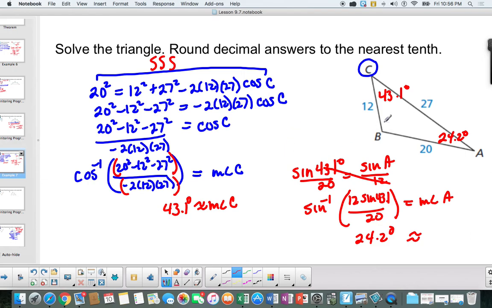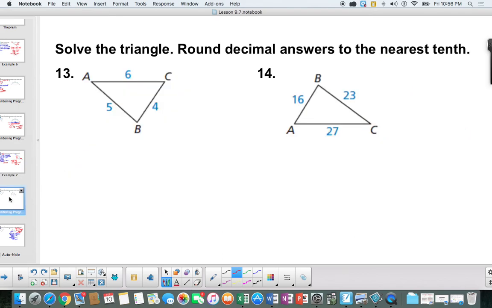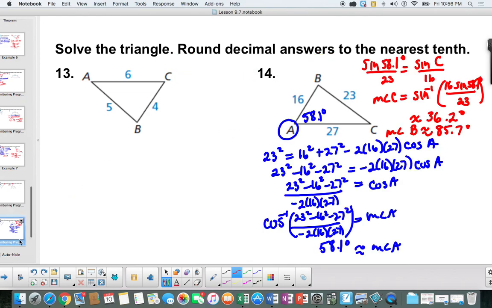And I get this angle to be 112.7. Okay, so these are both SSS. Go ahead and try number 14, and I will have the answer. And here's the answer. And this is the end of the screencast.